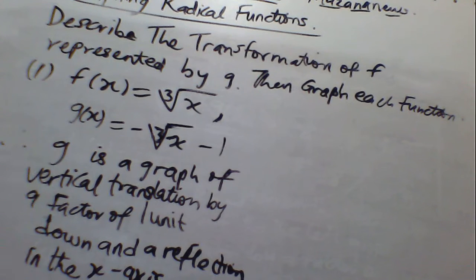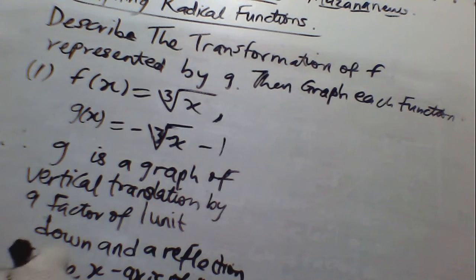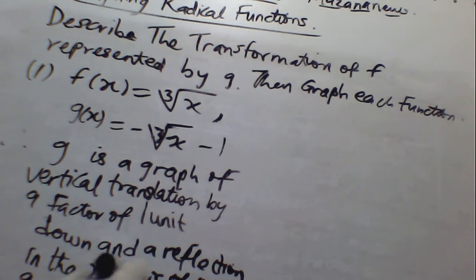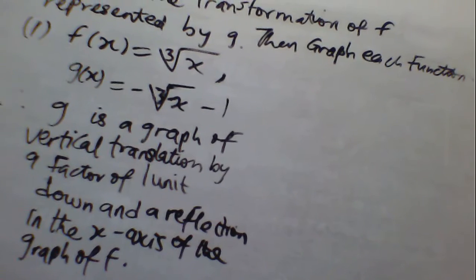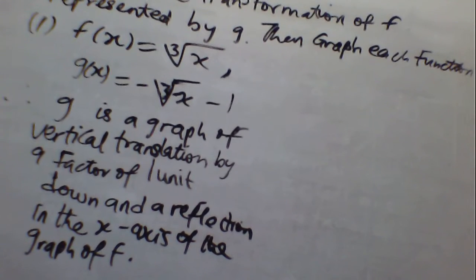So g is a graph of vertical translation by a factor of 1 unit down and a reflection in the x-axis of the graph of f. So this is how you can translate the graph for yourself and be able to understand it.